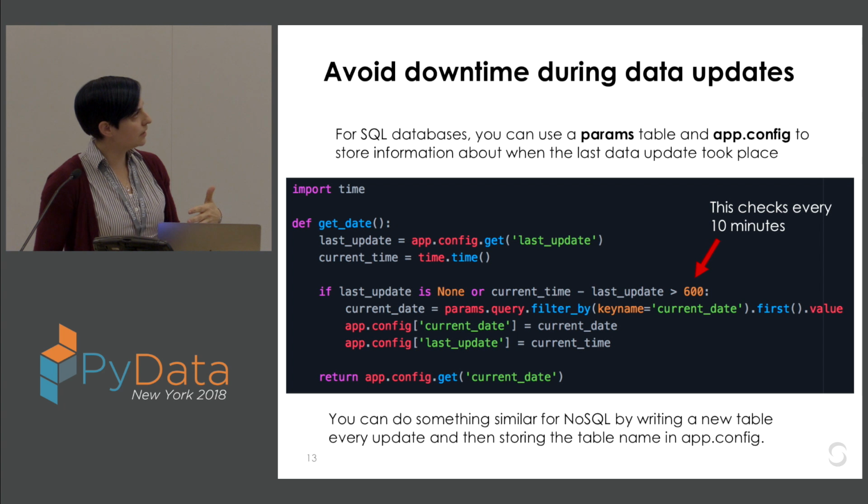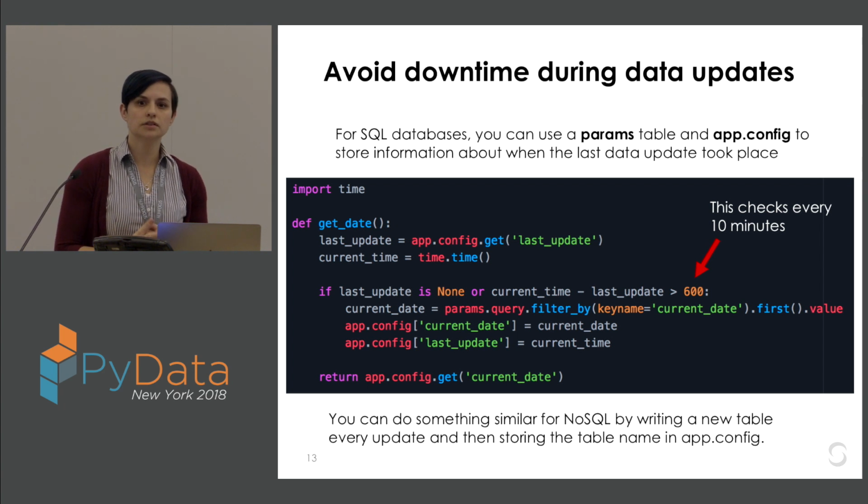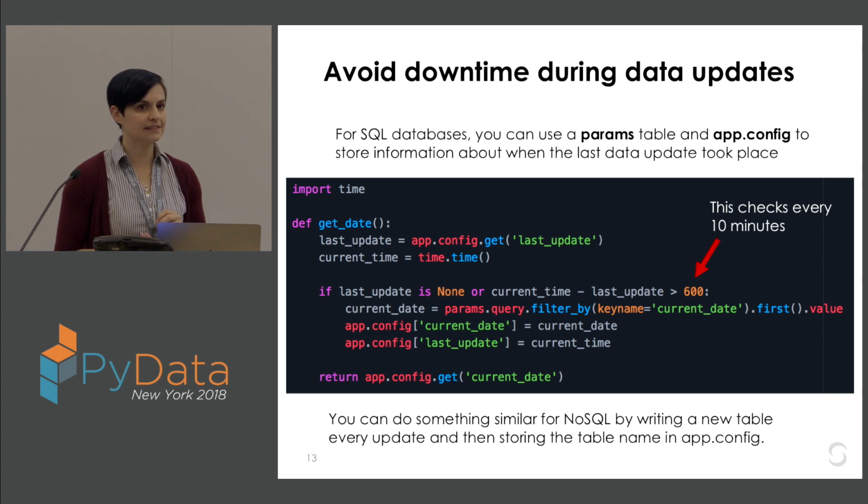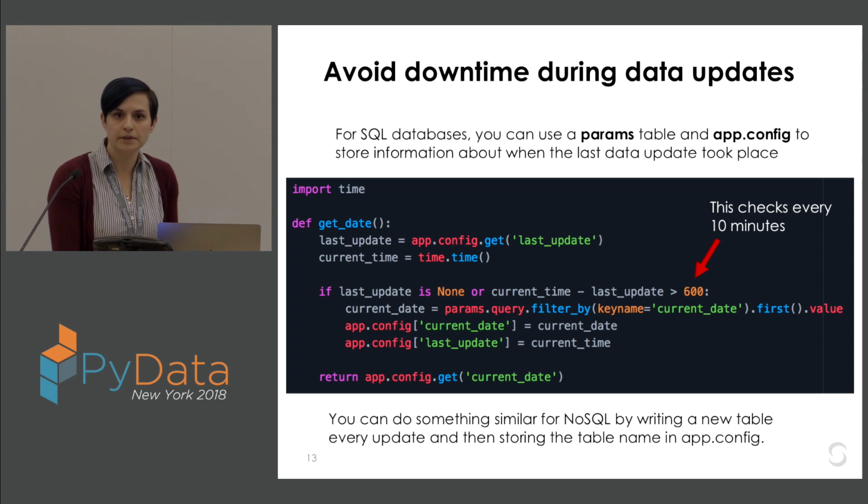What this code does is store two things. It stores something called current date, which is the date you want to query for in your SQL. And then there's something called last update, which tells you the last time you checked that information. It makes use of the params table that I mentioned before, which stores all the parameters about every run of this data job.